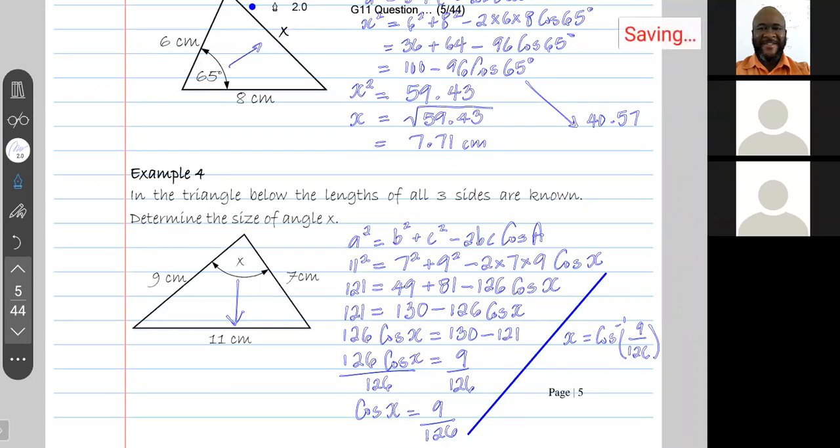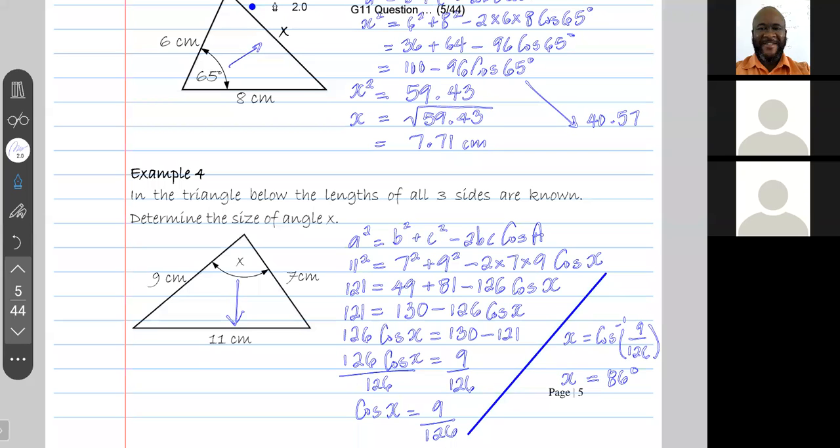This is telling me that x is 86 degrees. X is 86 degrees.